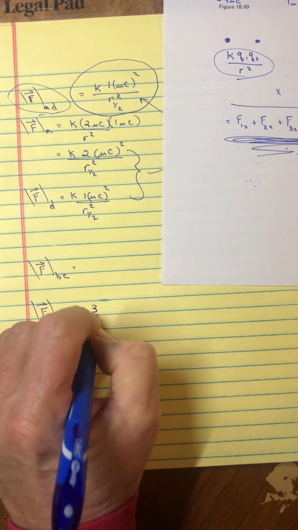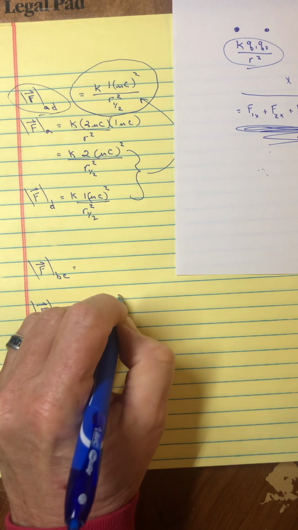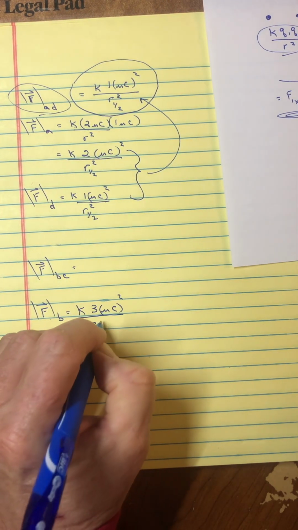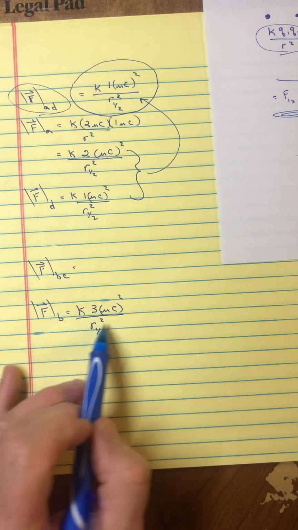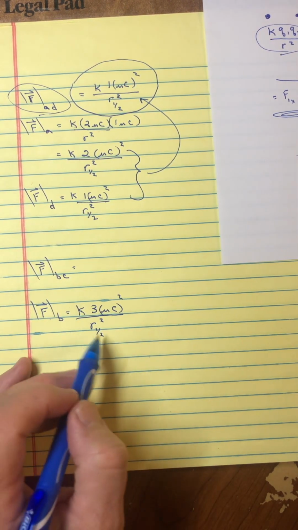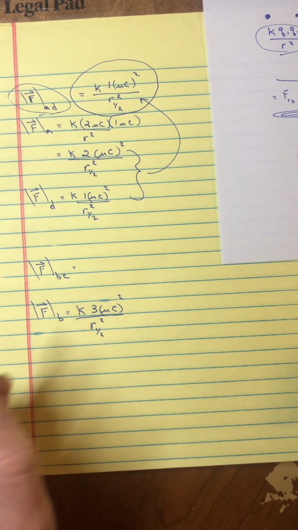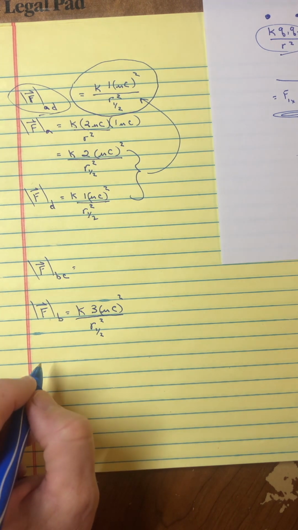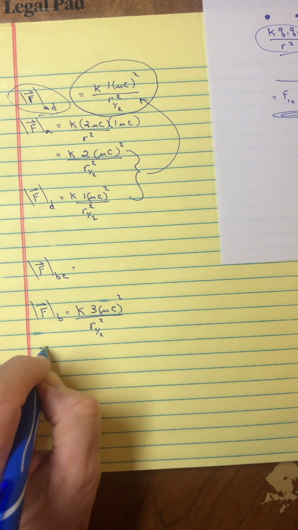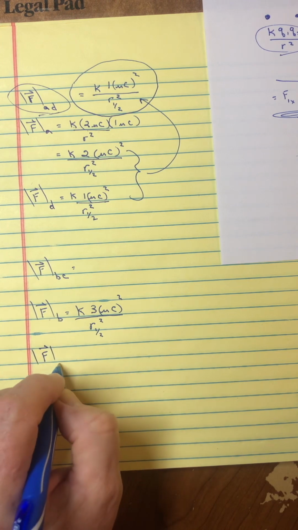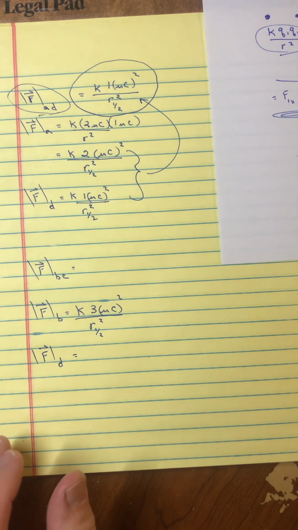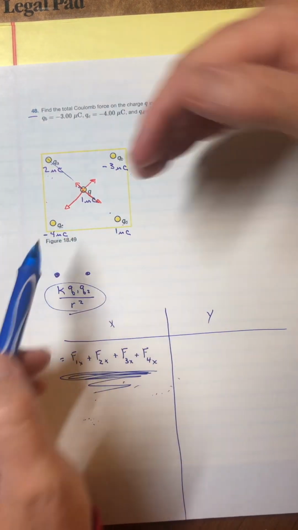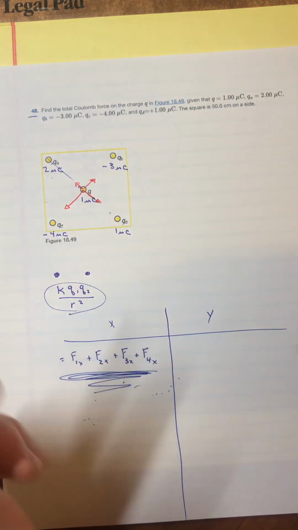My point is, if I follow the same pattern that I did up here, a lot of things would be the same, like Coulomb's constant and the microcoulombs and the half the diameter of this square. So there's a 3 there. And then, if I do this same logic for the force from D, again, D is a negative and the center one is positive, so it's an attraction, and so it's down and left.